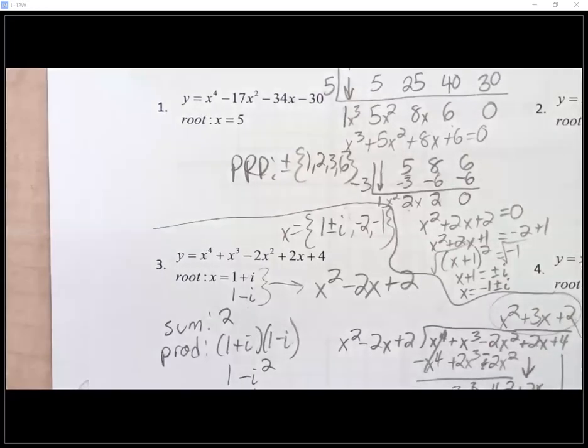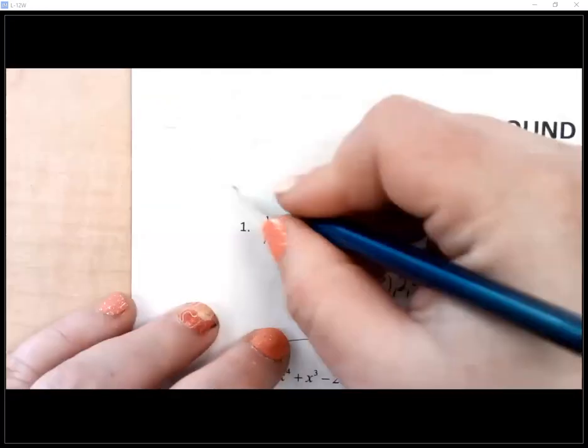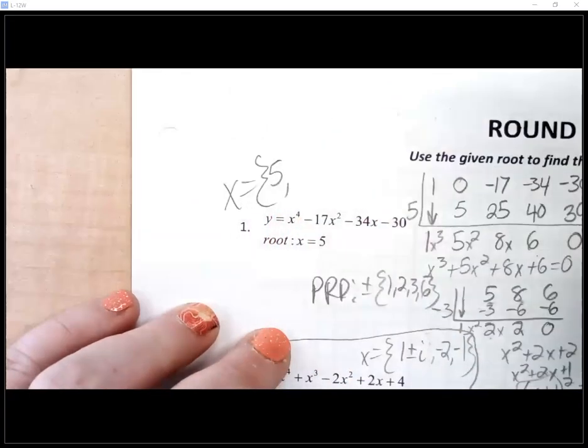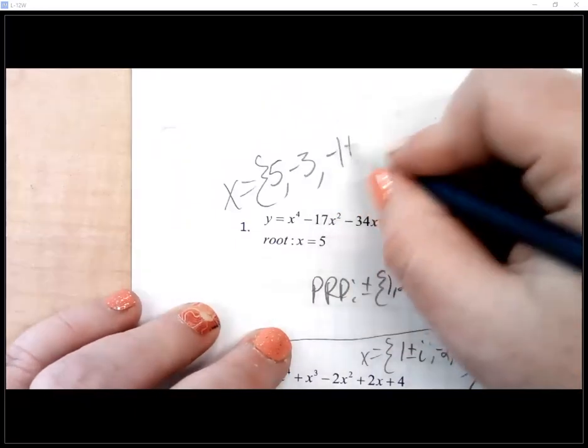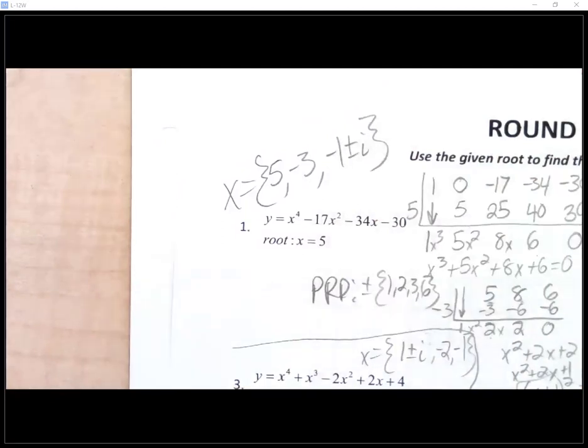What a doozy. So my final answers, let's write them all nice and neat over here. We found 5 worked, we found -3 worked, and now I have -1 plus minus i. And there they are.